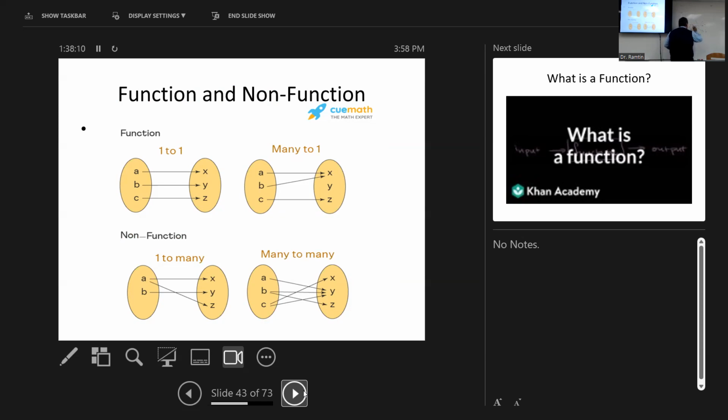That's a function, even though these are different boxes, because they can point to the same number. That's okay. But you cannot have the same box, the same rule, with 2 different outputs. That's not a function, like here. A points to Y, okay, that's good. But then you have B going to Y and Z, C going to Y and Z. This is many to many. That's not a function.